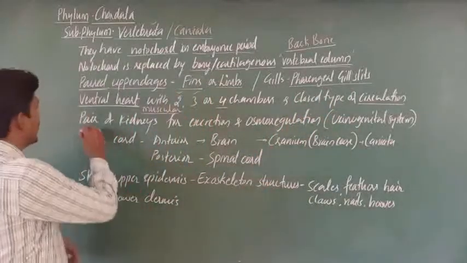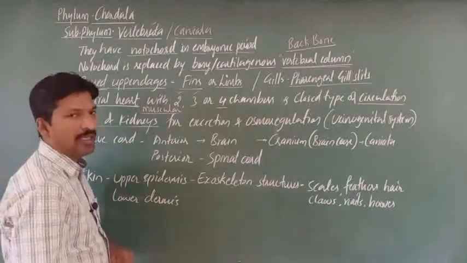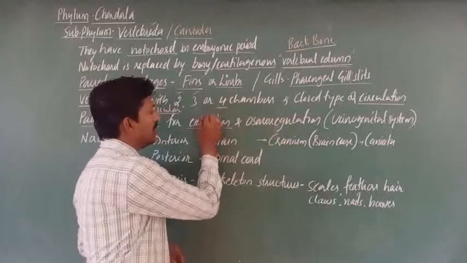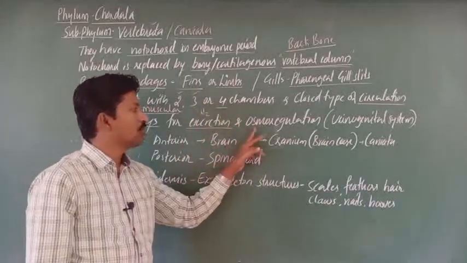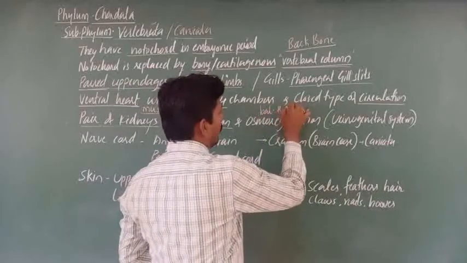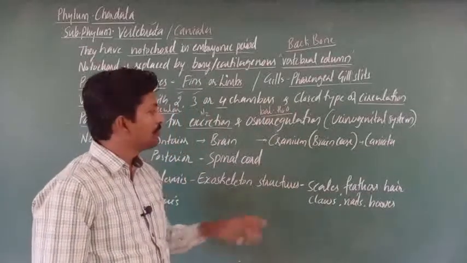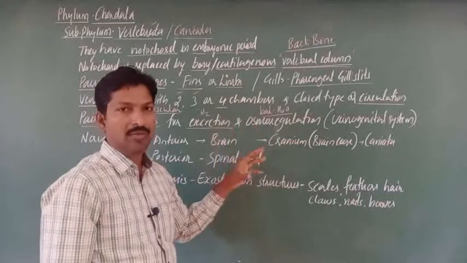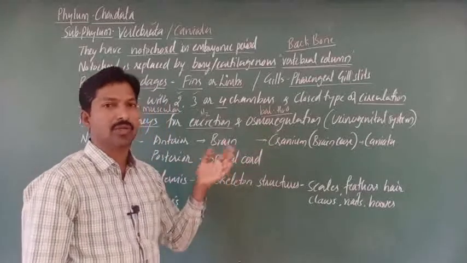Next character: a pair of kidneys performs excretion as well as osmoregulation. Excretion means removal of nitrogenous waste, and osmoregulation means maintaining the water balance. Water is one of the essential things in all organisms, so it should neither exceed nor be minimized, right.